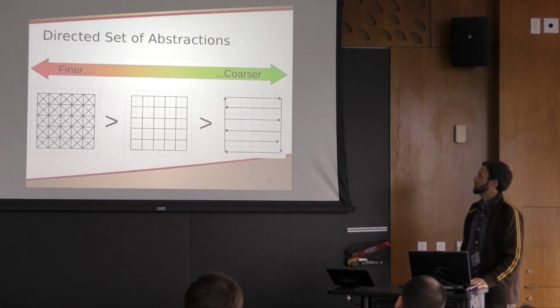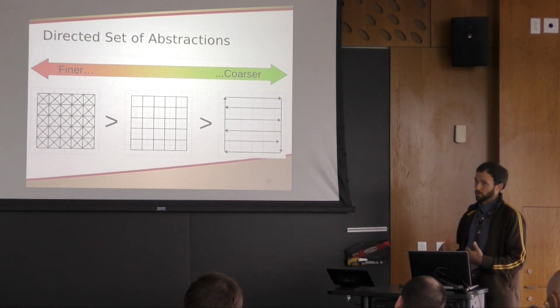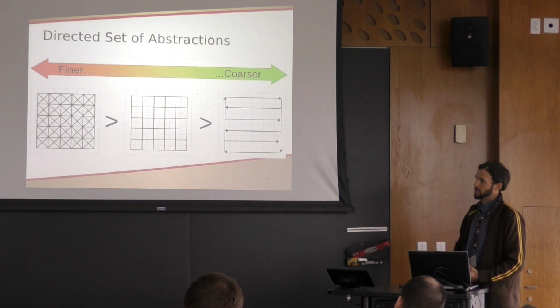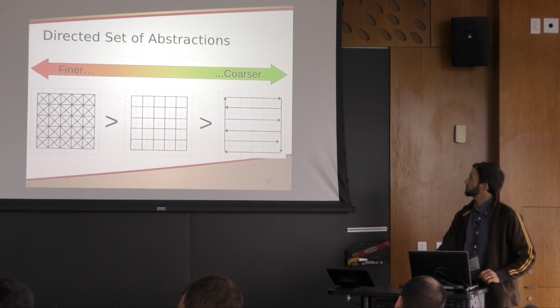So we can use this process to create a set of environment abstractions. And we put an ordering over these abstractions where abstractions with denser set of edges are called finer abstractions, and the graphs with sparser edges are called coarser abstractions.